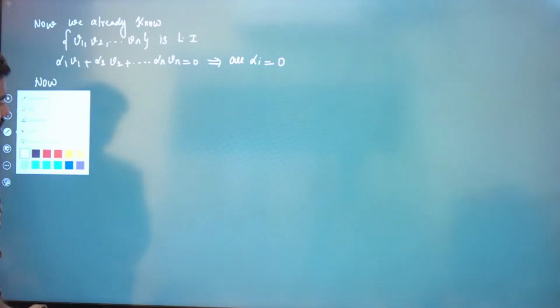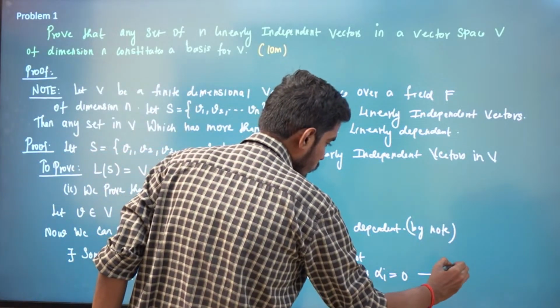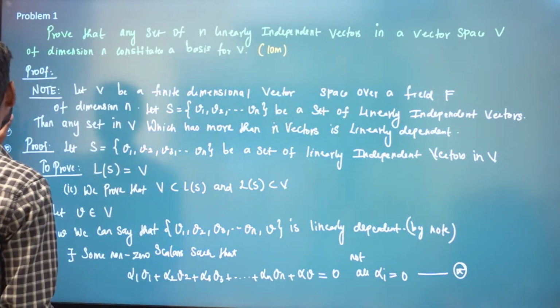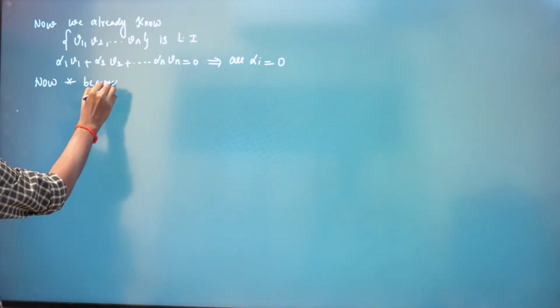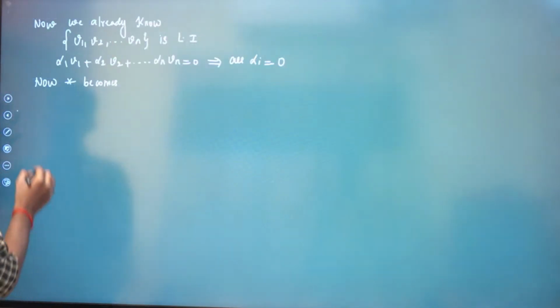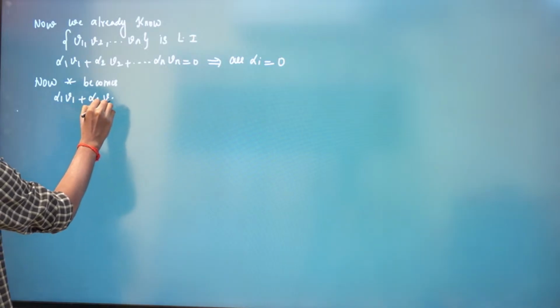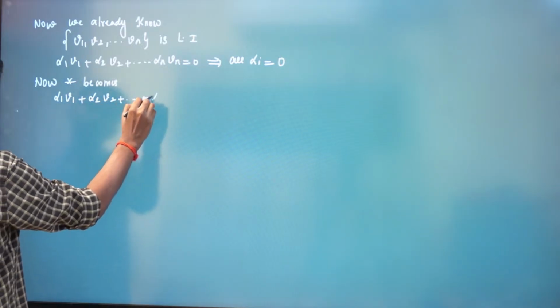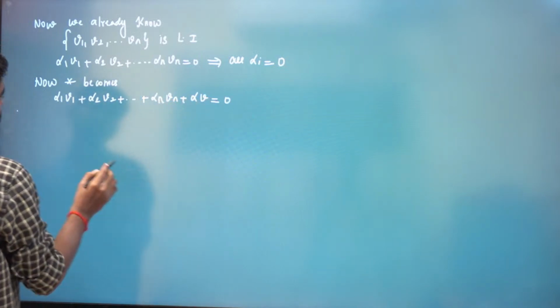Now let us call this star. Now star becomes alpha 1 v1, alpha 2 v2 and so on up to alpha n vn plus alpha v is equal to 0.